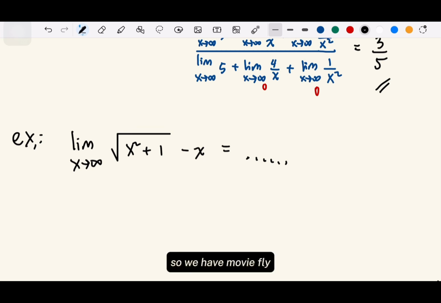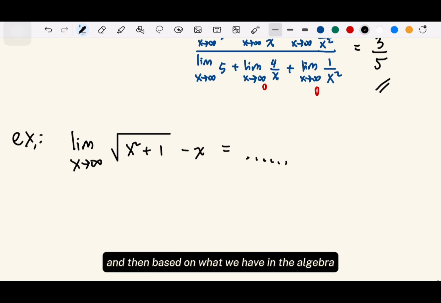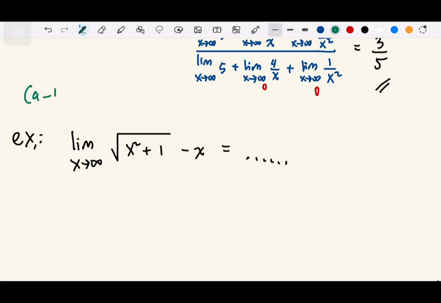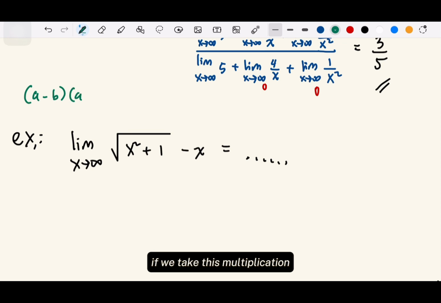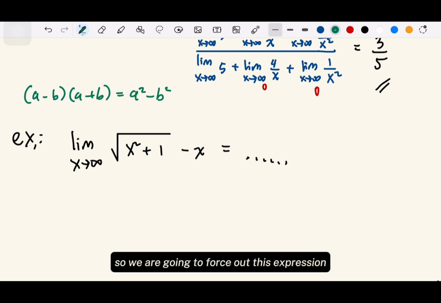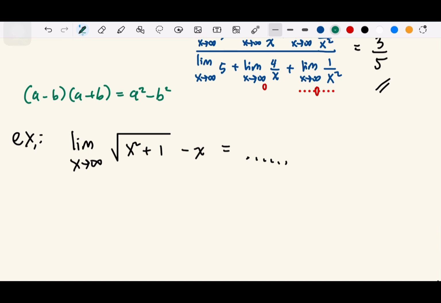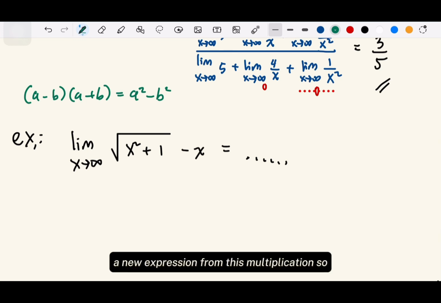So we multiply this, and based on what we have in algebra, if we take this multiplication, we are going to get this, right? So we are going to force out this expression because we want to remove the roots.